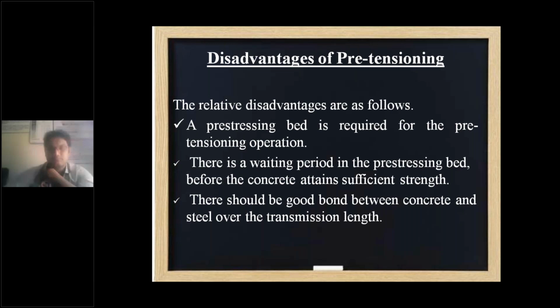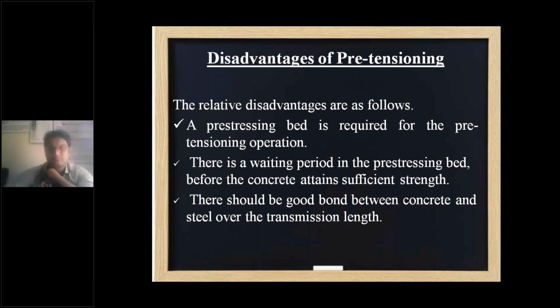So you can't use the same abutment platform again. Why? Because the concrete is supposed to attain full characteristic compressive strength, so you can't reuse the same platform again. That is why there is a disadvantage of pre-tensioning in terms of waiting period.